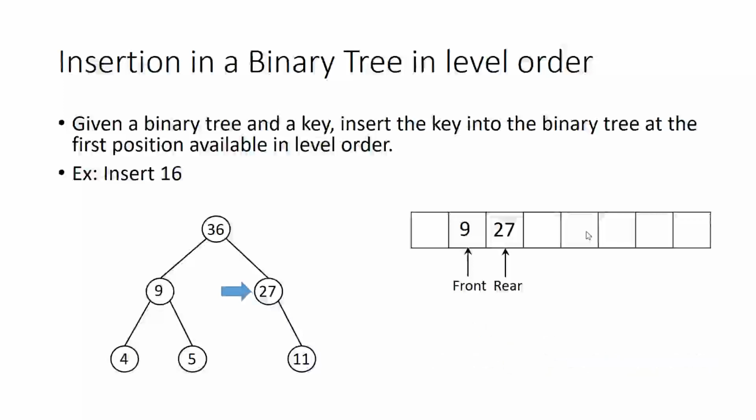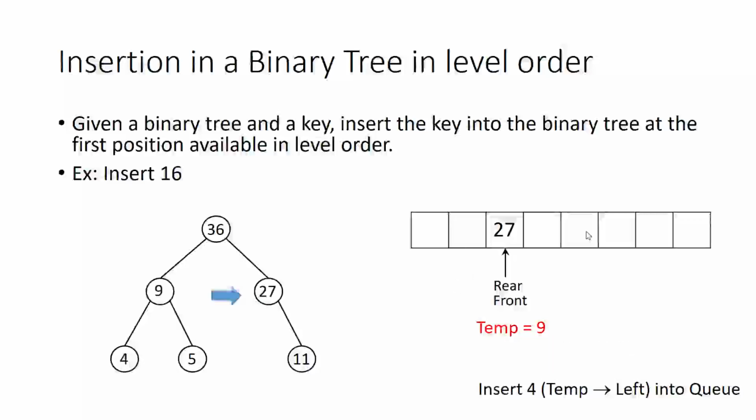Now your temp value will be updated to 9 because we are supposed to insert the child nodes of 9 into the queue. So delete 9 from the queue. When you are deleting, front will be incremented. And now you are supposed to insert the left child of 9 into the queue. When you are inserting, rear pointer should be incremented. Now insert 4 into the queue.